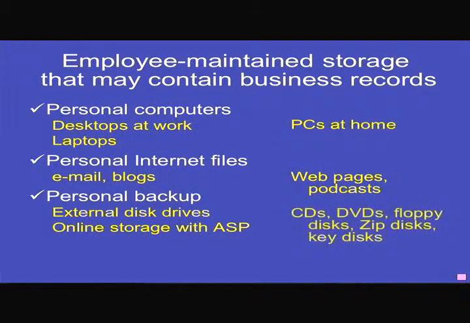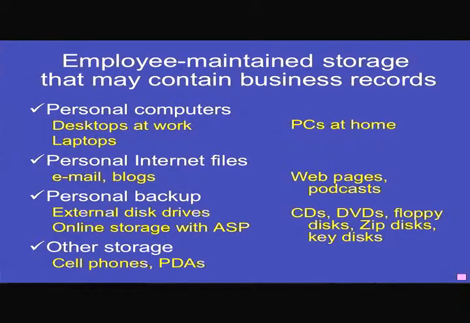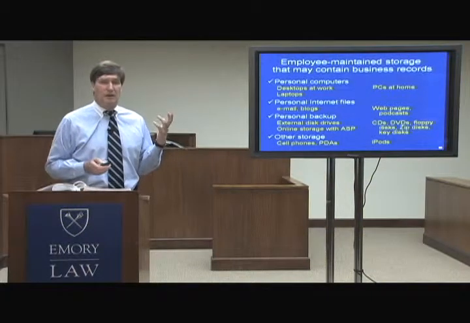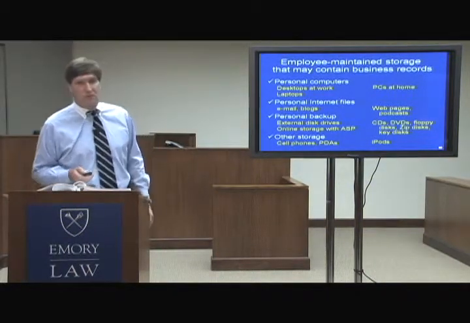So you've got CDs, DVDs, floppy disks, zip disks, and key disks. Those things that you carry around, flash drives in your pocket, those also have to be thought of to make sure destruction doesn't go on. And then, of course, you've got to think about other storage: cell phones, PDAs and iPods now, and make sure that data on those systems is not destroyed.